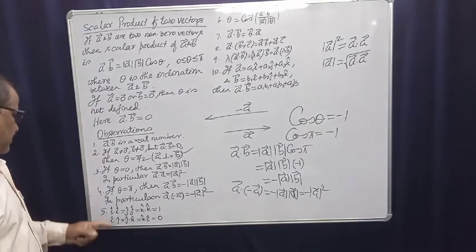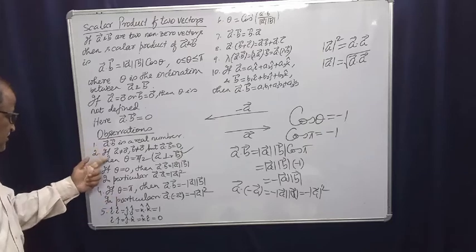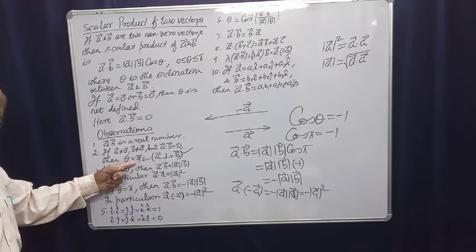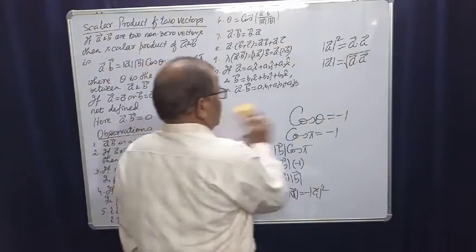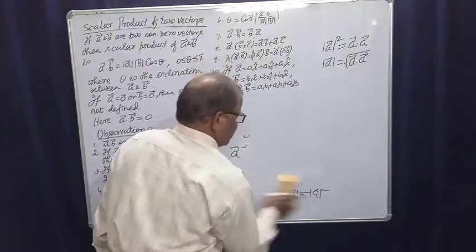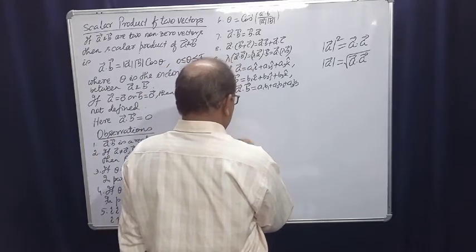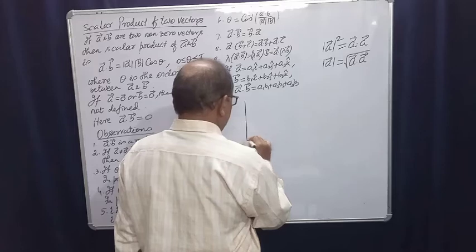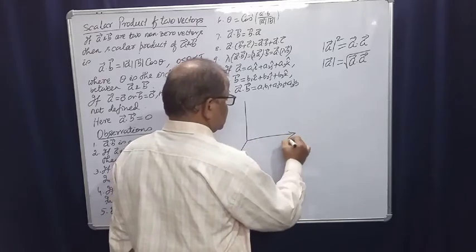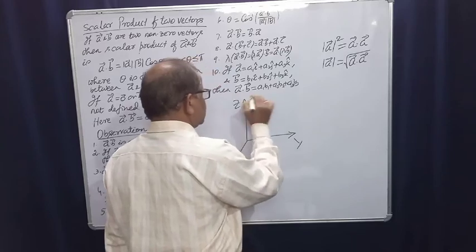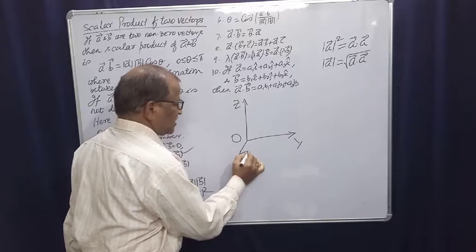Right? Then some special cases: pi by 2, when the two vectors are perpendicular, and when they are parallel. Let us see. Suppose in our three-dimensional space, this is x, this is y, this is z axis. In this direction, the unit vector is i cap.